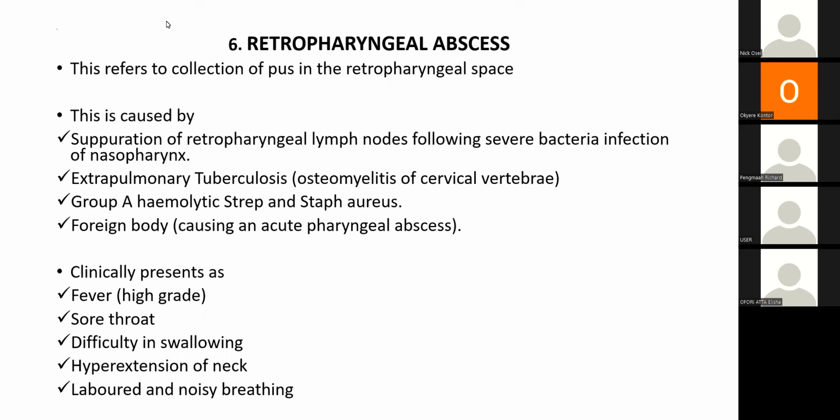There could also be from extrapulmonary tuberculosis. Remember, tuberculosis can either be pulmonary or extrapulmonary. So extrapulmonary, that is the type of tuberculosis which is outside the lungs. So there could be a group A hemolytic strep or Staph aureus causing that, or some foreign body hidden there.